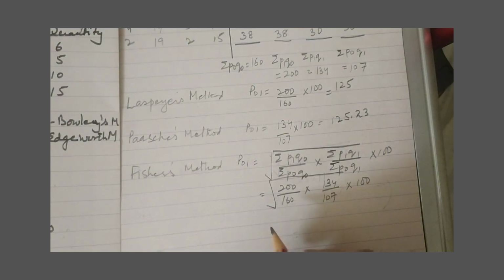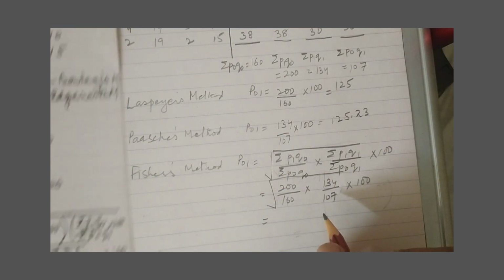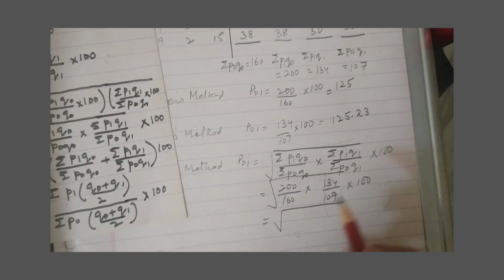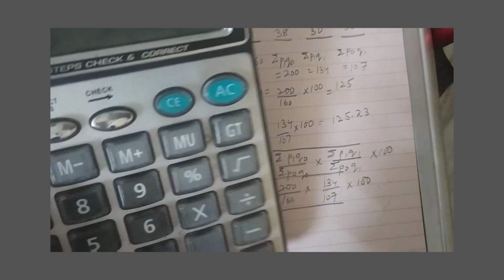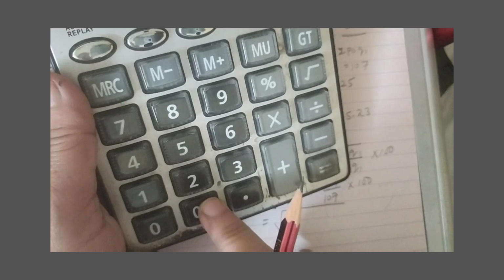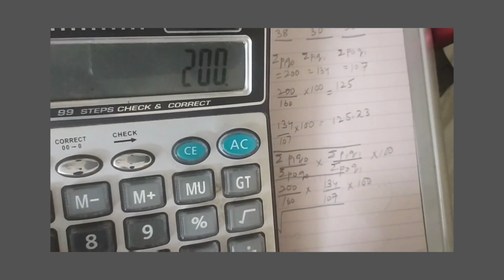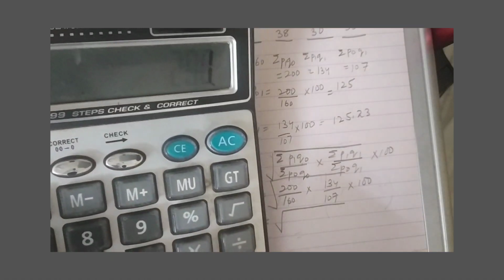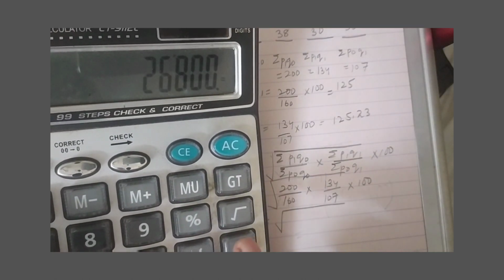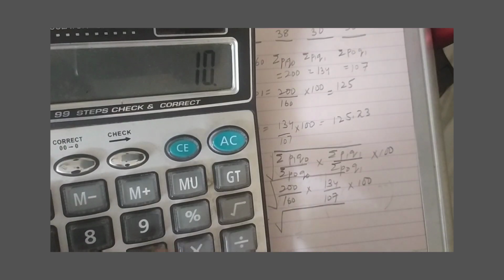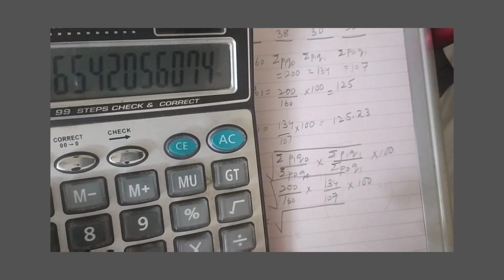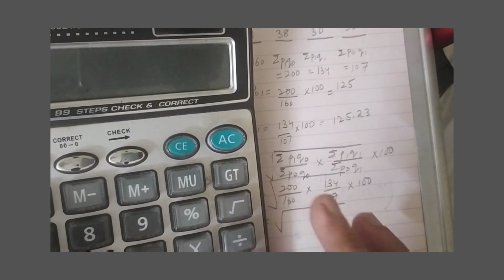You can use the calculator definitely, and if you calculate the values, see here: 200 into 134 divided by 107 divided by 160, and then square root.